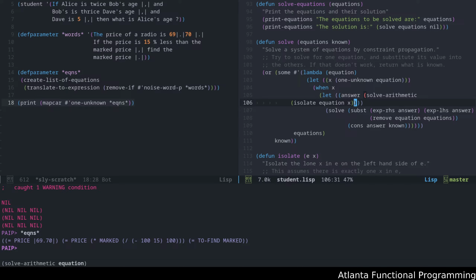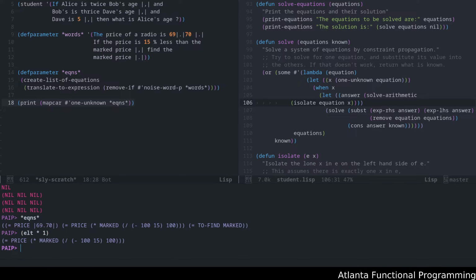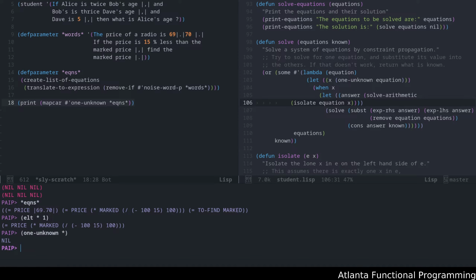So there's an issue with one unknown saying that the first equation is okay. Let me try something here. ELT star 1. That should give us that second one. One unknown. This should give us nil, right?